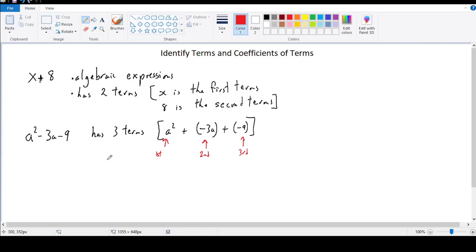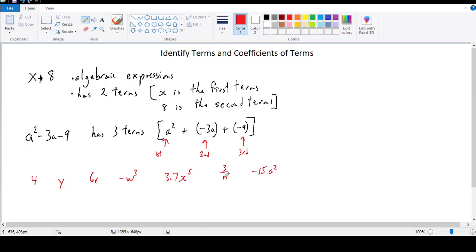Examples of single terms are 4, y, negative w to the third power, 3.7x to the fifth, 3 over n, and negative 15a squared.